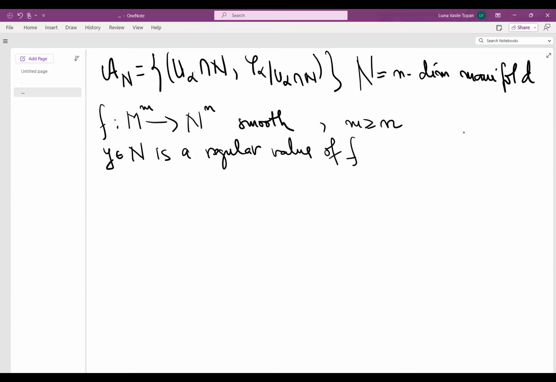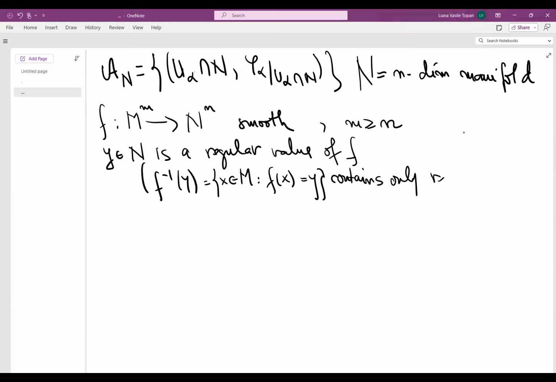So remember again that a regular value is a y for which F inverse of y, the set of all x's in M for which F of x is equal to y, so all these points x going into y, only contains regular points of F, that is, the rank of F at the point x is the minimum between m and n.